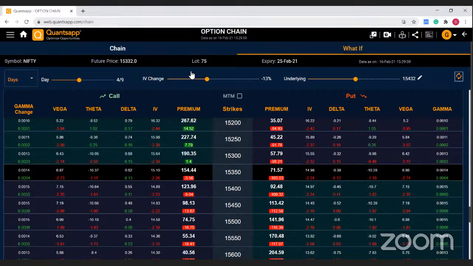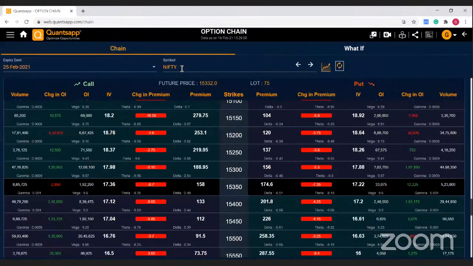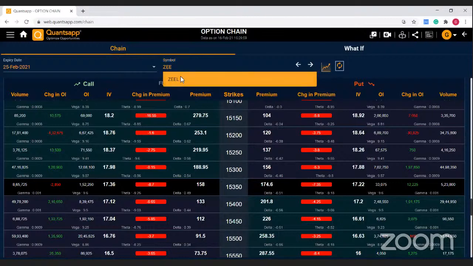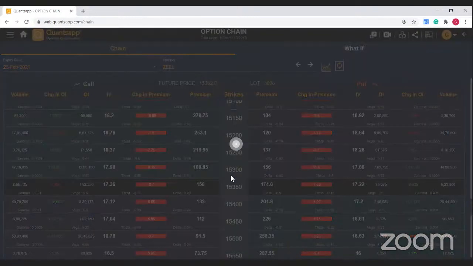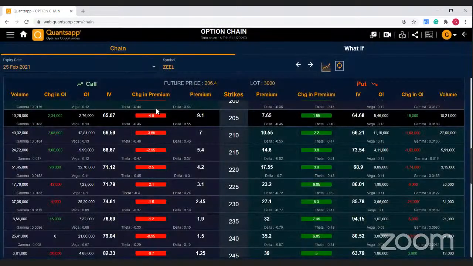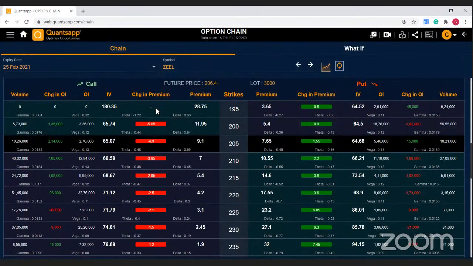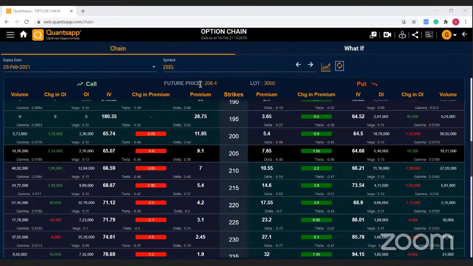So what we have to do is go to chain and select Z. Okay. So this is the tool, option chain, where I'm taking my expiry, my stock, and here I can see the call option and the put option. I can see the future price of this stock and the lot size.